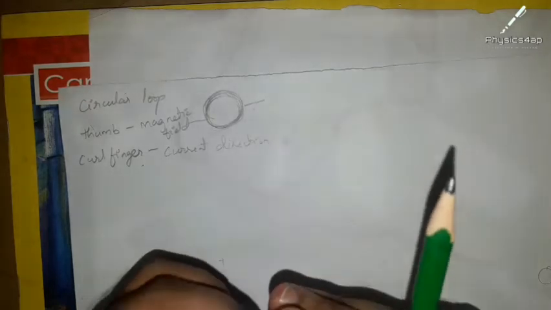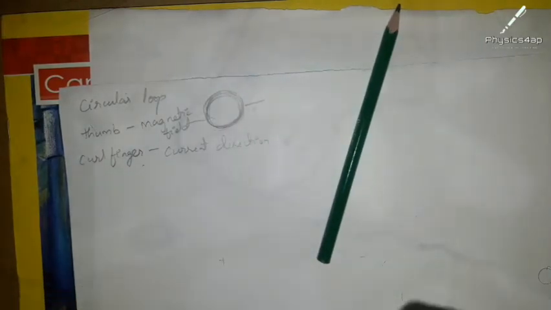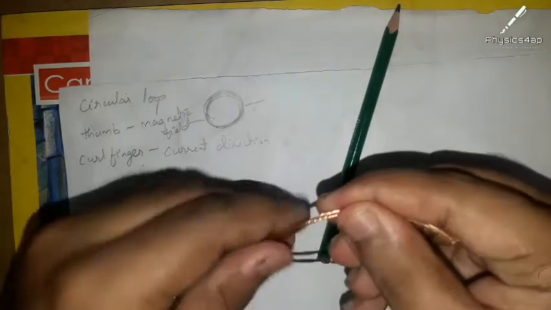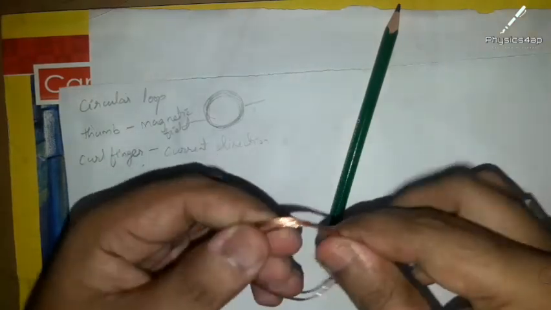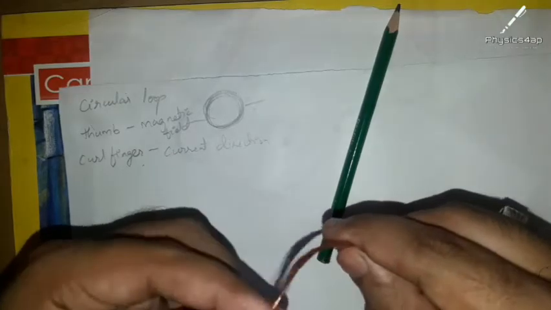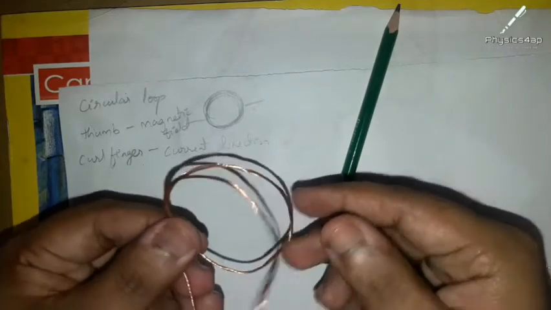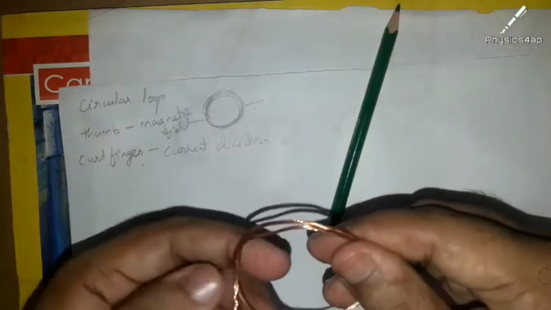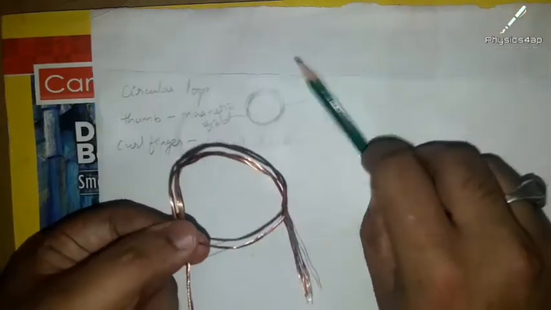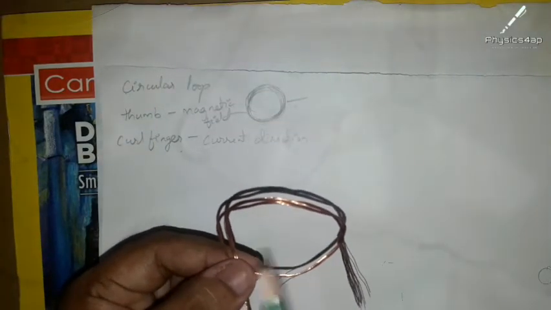Now what will be the direction of the magnetic field in the case of a current carrying loop? The important thing you need to find is, let's take a bigger circle. Now this is a circular loop, as the current which is traveling into this loop will be taken in two directions.